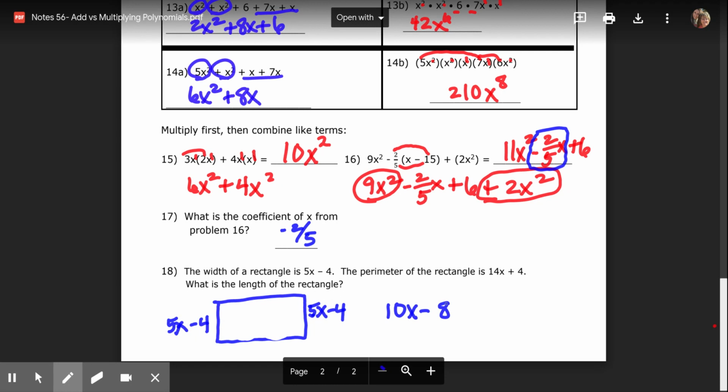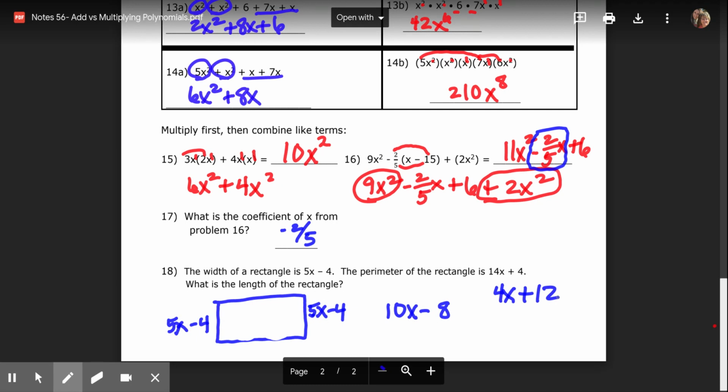So how do you get from 10x to 14x? 10x to 14x, that would be 4x. And then from negative 8 to 4, let's see, that would be plus 12. So that's what the total length would be.